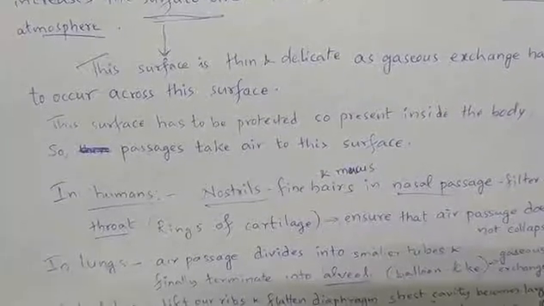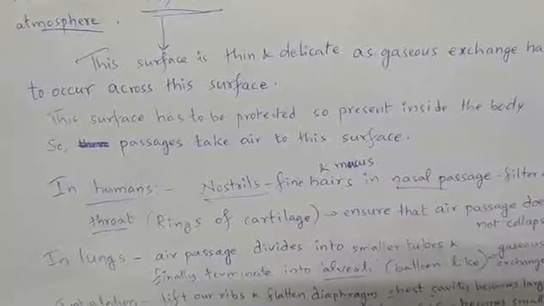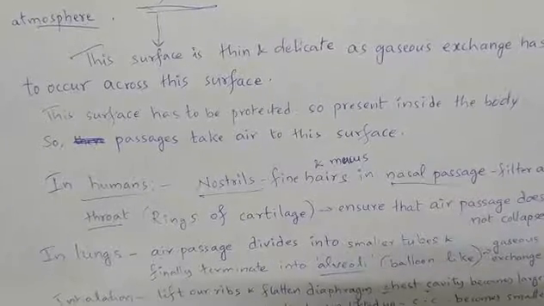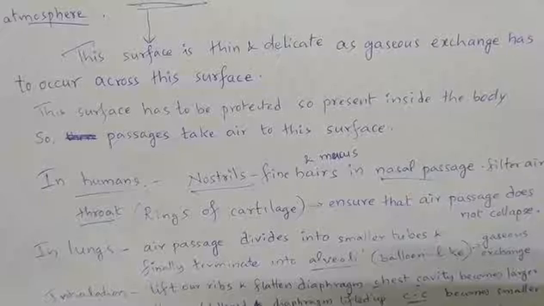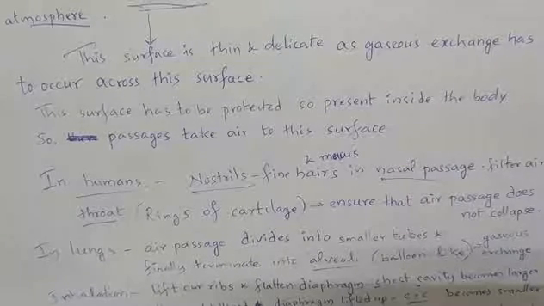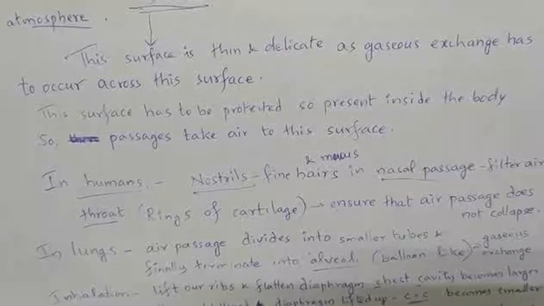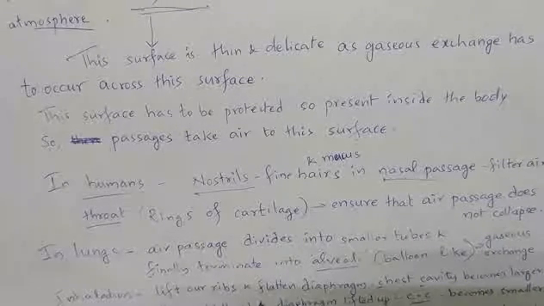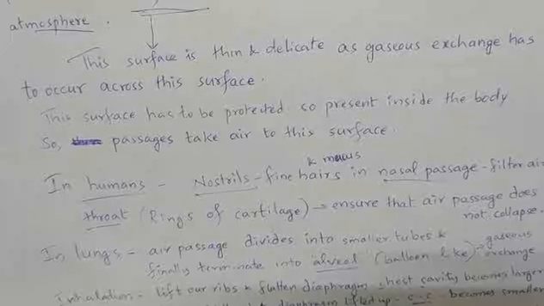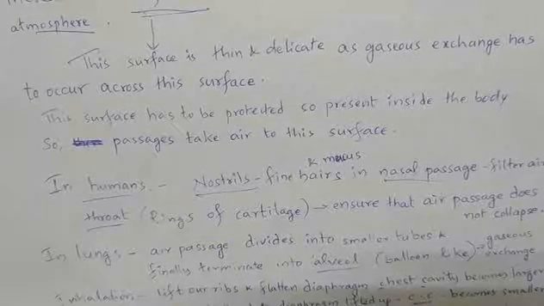So when this surface area for gaseous exchange is present inside the body, and the air that contains oxygen is present outside the body, then how is this surface going to get the air from the environment? Air passages are present.